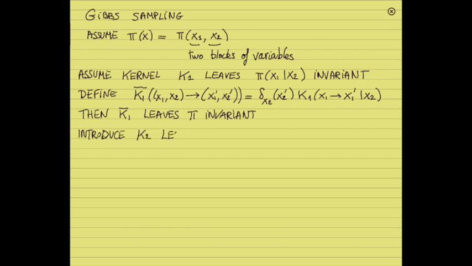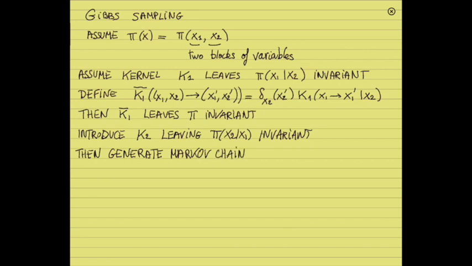And so likewise, we could introduce K2, leaving the conditional distribution of x2 given x1 invariant. So here, K1 might depend on x2, and K2 might depend on x1, because we're conditioning on those components. So then the idea of a Gibbs sampler is to generate a Markov chain on the whole space of x1, x2 by alternatively sampling from K1 bar or from K2 bar.